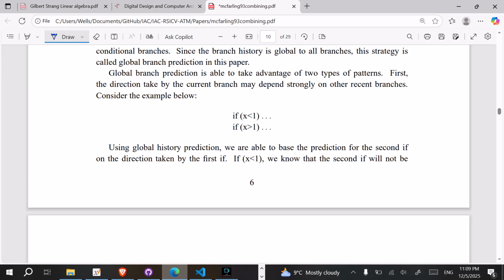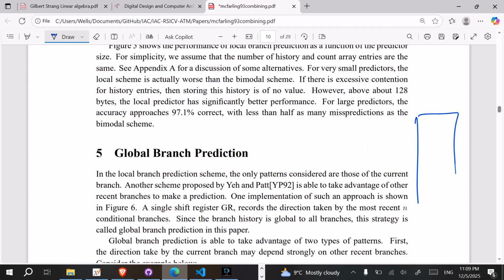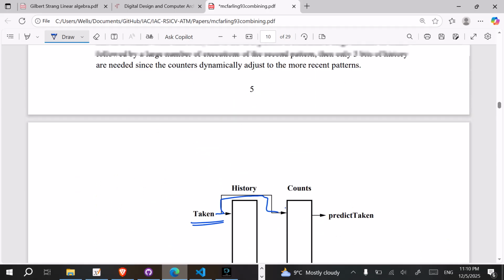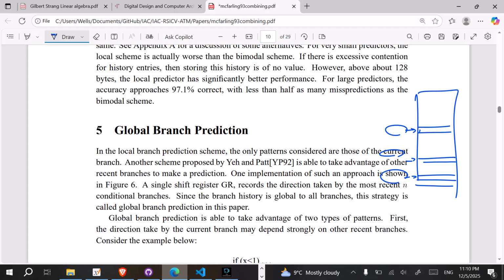For instance, say this is a piece of code of yours, and at this instance you have a branch, and at this instance you have a branch, and at this instant you have a branch, and a few things are happening, which may be independent. If they're independent, you can pretty much just use local branch prediction to figure them out. But what if there's some sort of correlation happening between them?